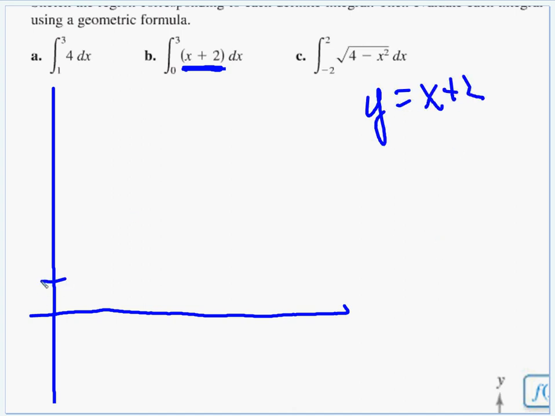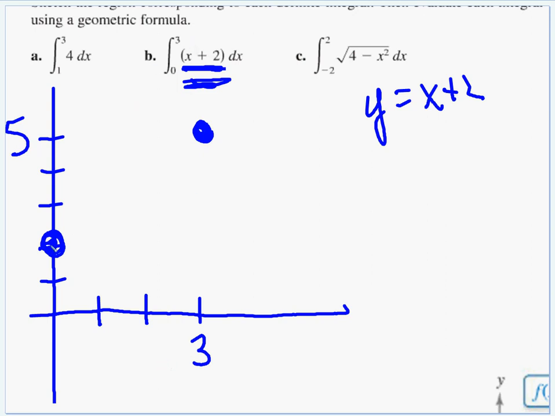So y-intercept of 2, and then our slope is 1. Up 1 over 1, up 1 over 1, up 1 over 1. We're going from 0 to 3. 1, 2, 3. So let's find the height of that. When I plug a 3 in here, 3 plus 2 is 5. So 2, 3, 4, this will be 5. And that will be the height of our function there.